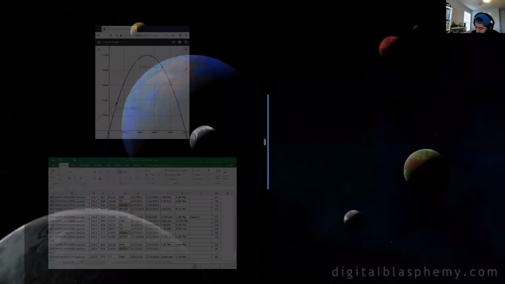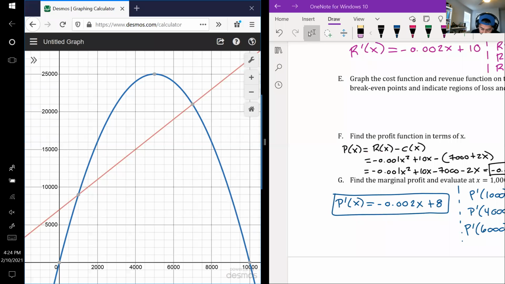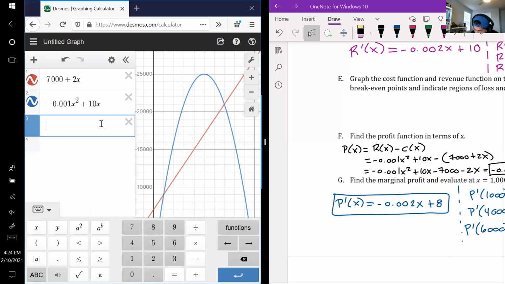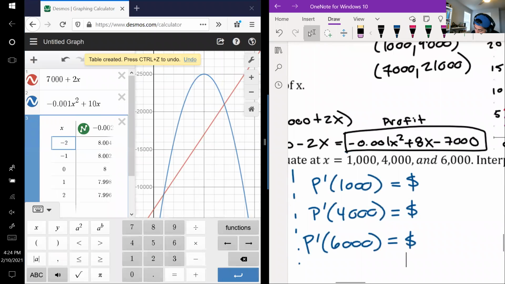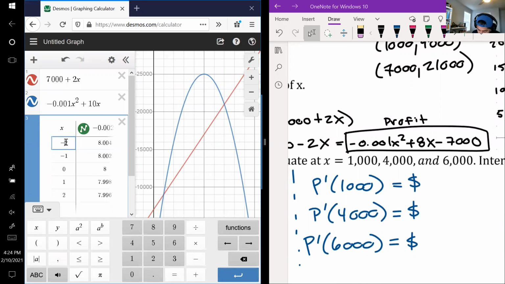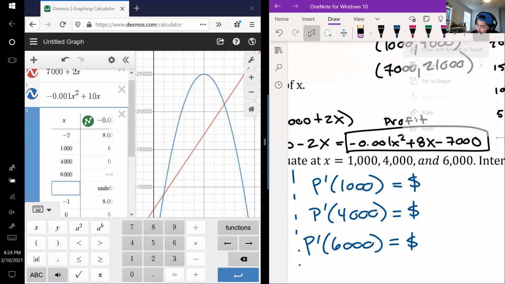Go back to Desmos. I'll type this in: negative 0.002x plus 8. Make it a table. And then over here, I'll type in 1,000, 4,000, 6,000. Hey, look at that. Same numbers from above. 6, 0, negative 4.